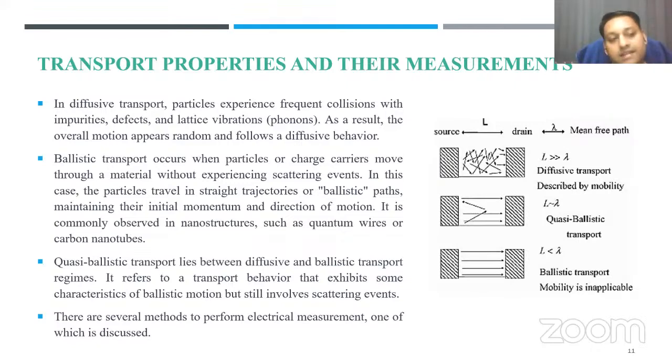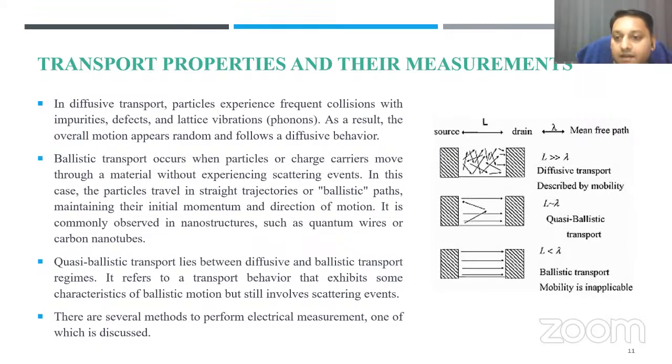It is a statistical parameter that we measure for any carrier, electron also, hole also. Now if the dimension is far greater than the mean free path, then it is called diffusive transport. That means there is scattering of electrons with other carriers.